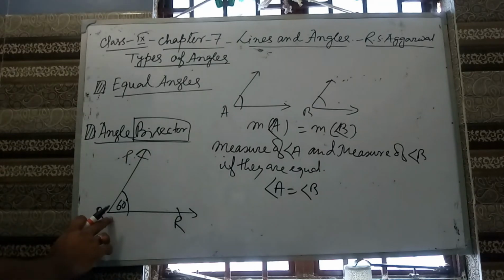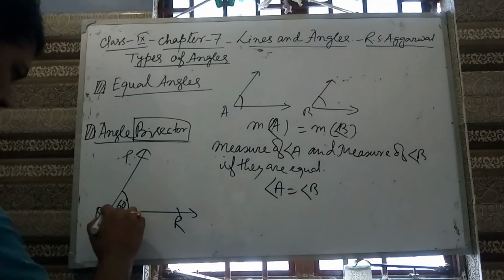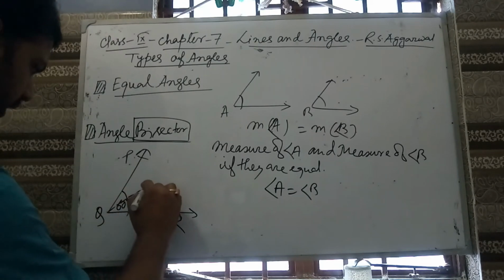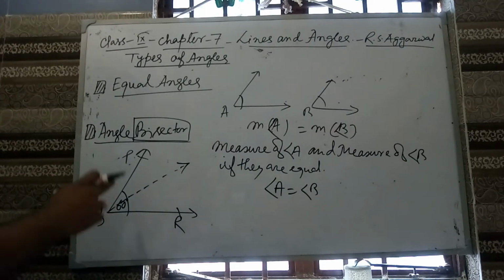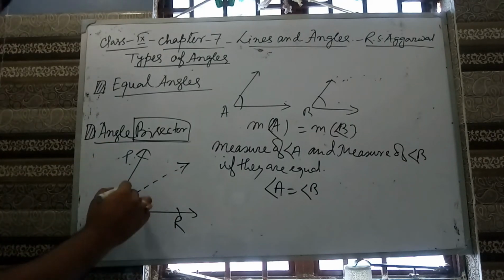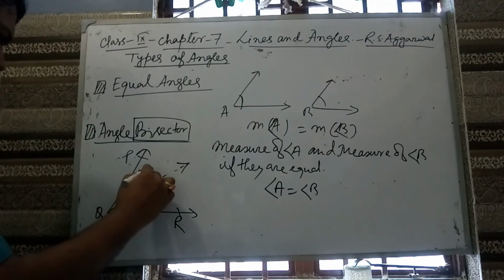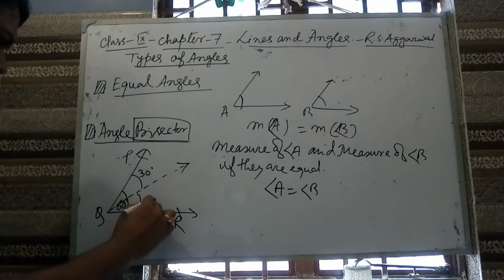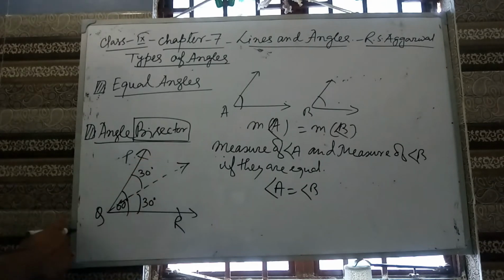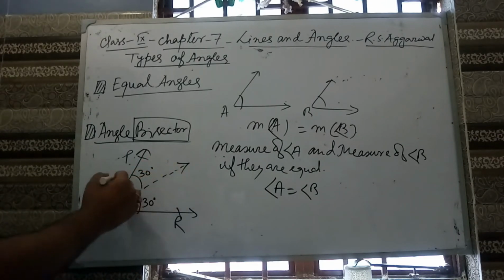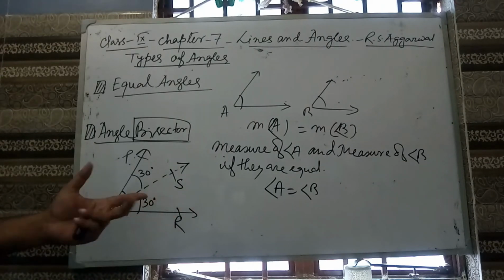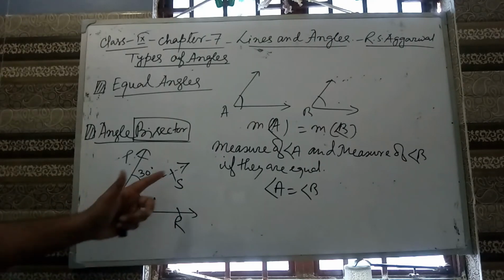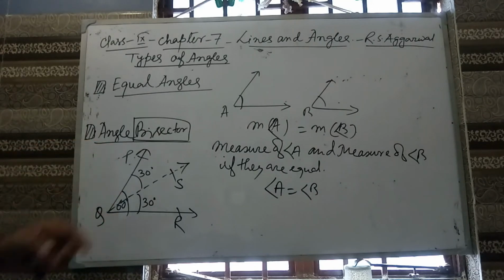Now through the point Q, if we consider a ray which divides the whole angle PQR into two equal parts, that is 30 degree, 30 degree, and let us name the ray S. Then this ray QS is called the angle bisector of angle PQR.